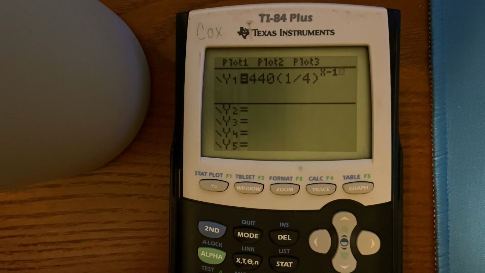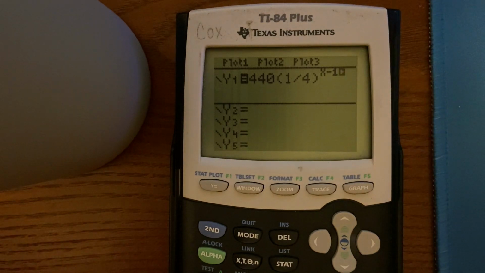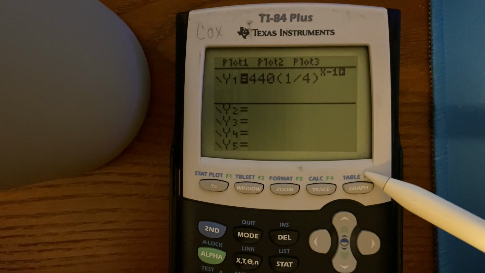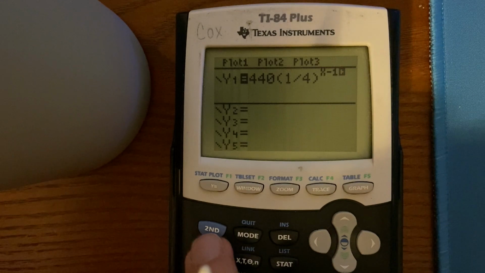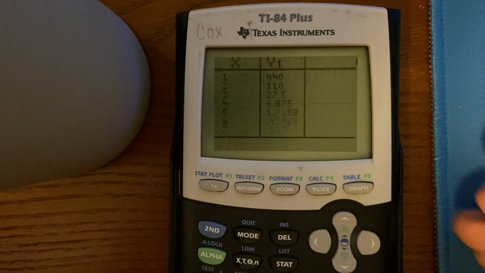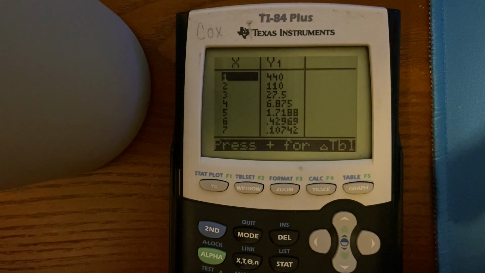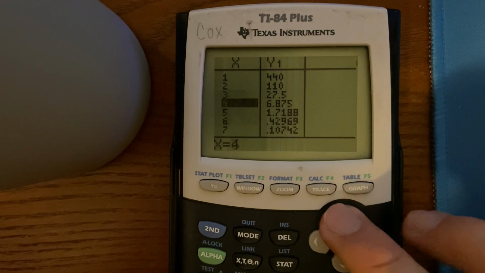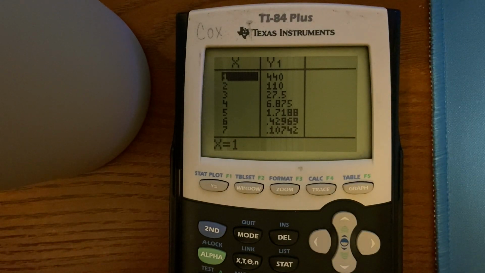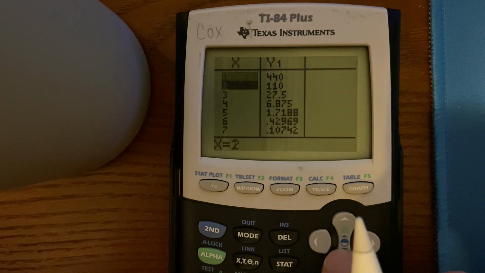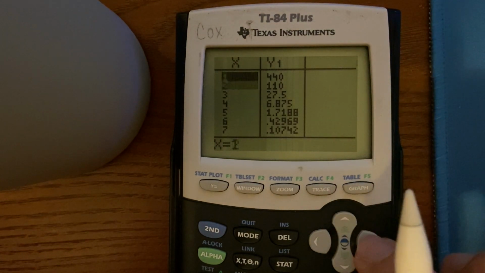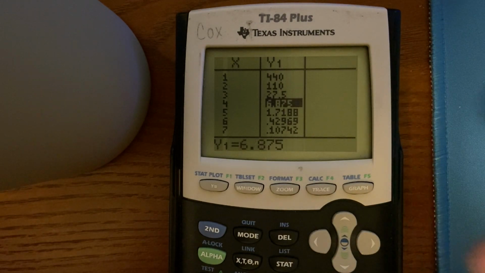So we're not going to press graph, but we are going to use the table function. If I press second table, it generates a table of x values. In this case, our x values are actually n, because we're just making the switch so I can use it on my calculator. So x is my term number, and y gives me the actual value of the term.